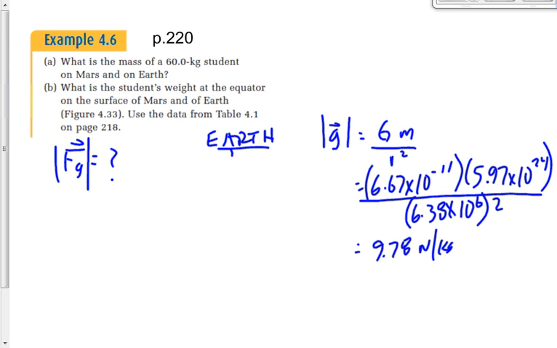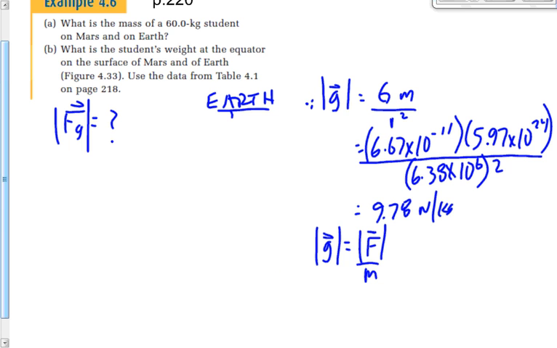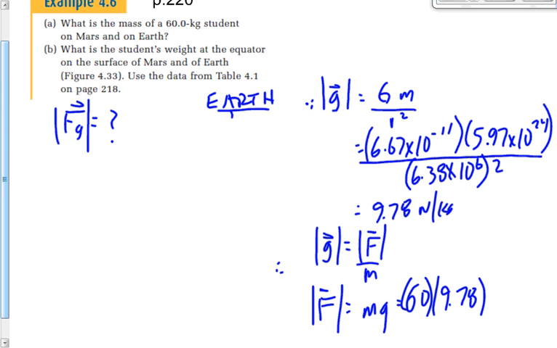Now, let's find the force that's experienced by that student. The producer equation, the experiencer equation. Let's rearrange the experiencer equation. The mass of the experiencer is 60 kilograms, and we multiply that by 9.78. That's the gravitational field strength, or the acceleration due to gravity.